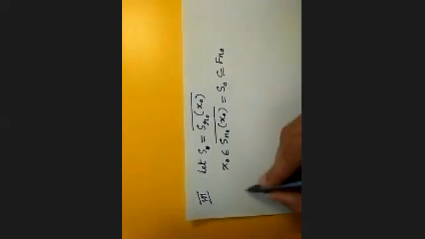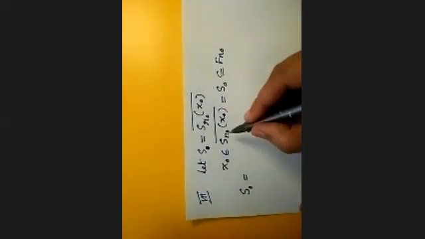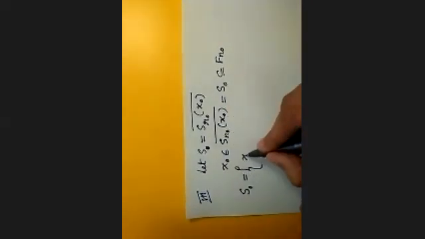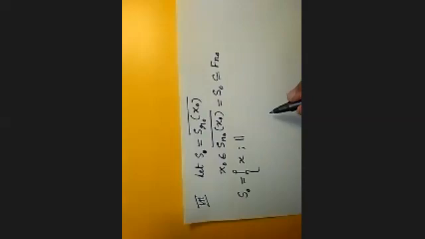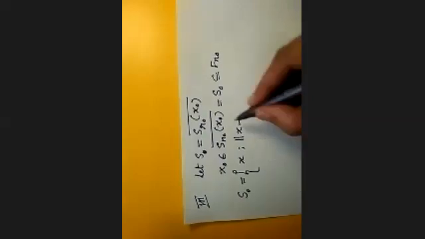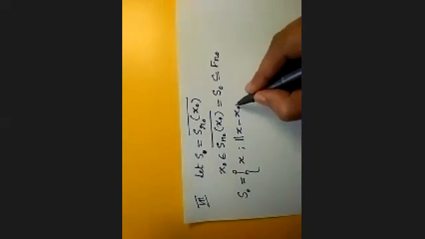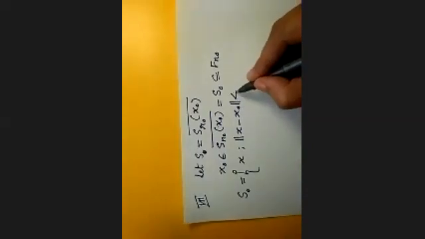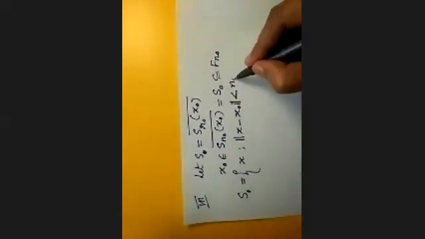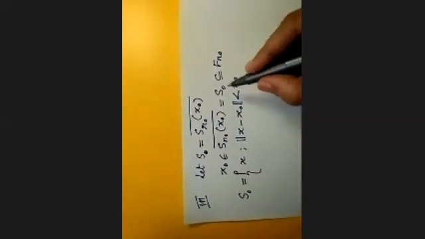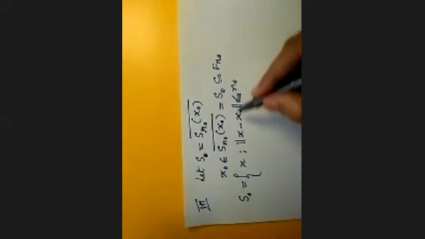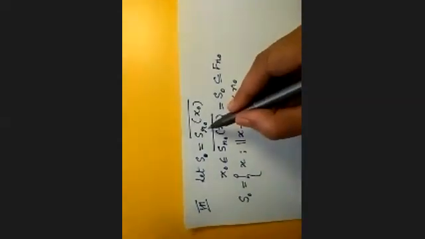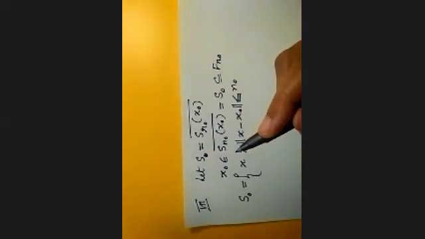Okay. Now, what is actually this S naught? S naught is this set. So this is nothing but all the elements such that the norm x minus x naught is less than n naught. Because of this bar closure is there, so it will be less than or equal to, very, very important, equal to, the radius is r naught. It's nothing but S r naught.